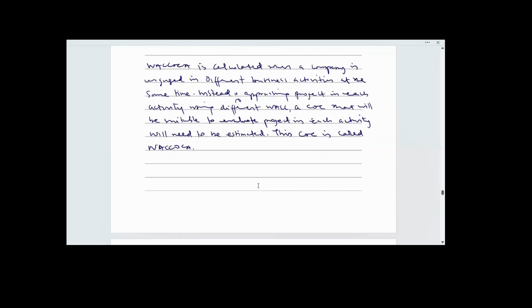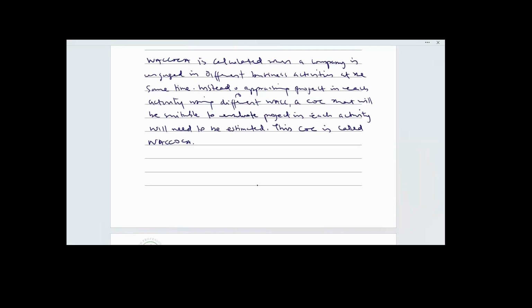In the calculation of WACOCA, the following procedures should be undertaken.